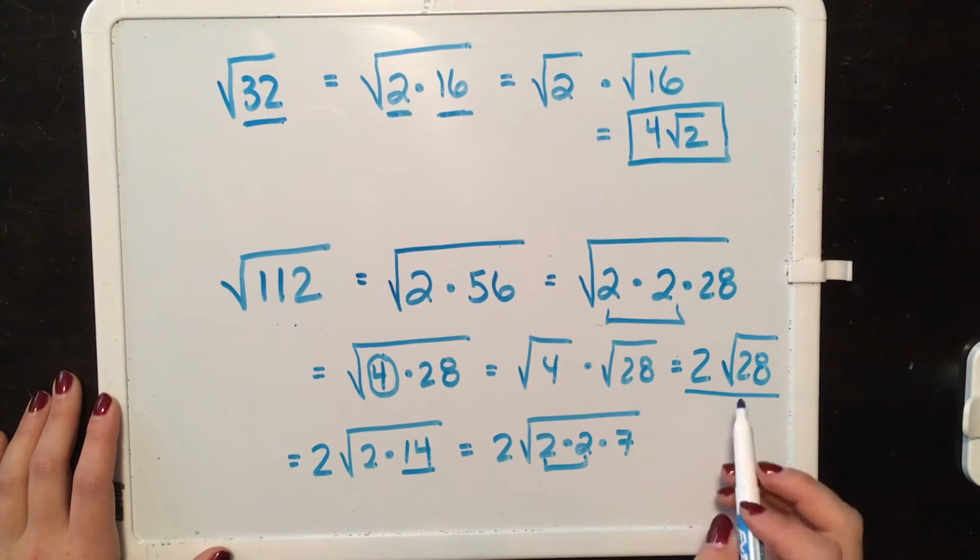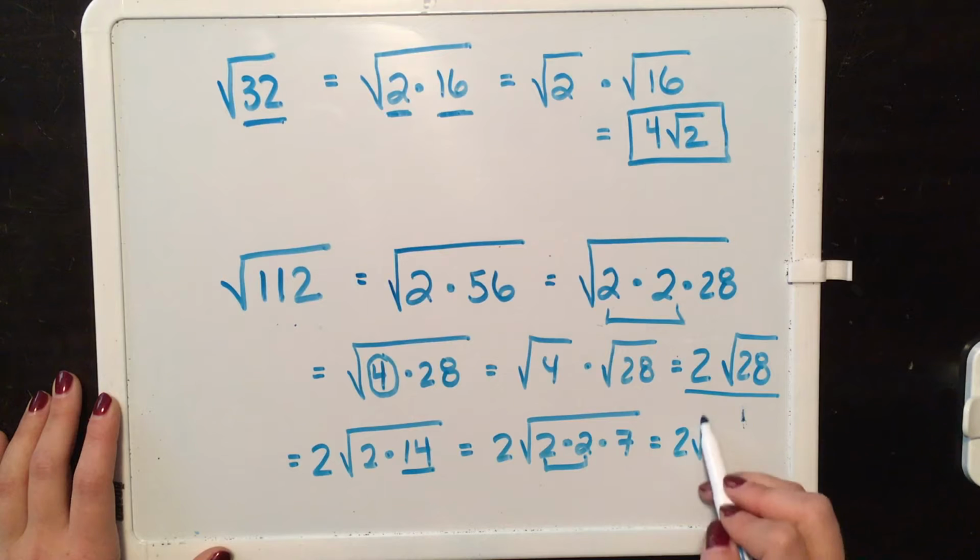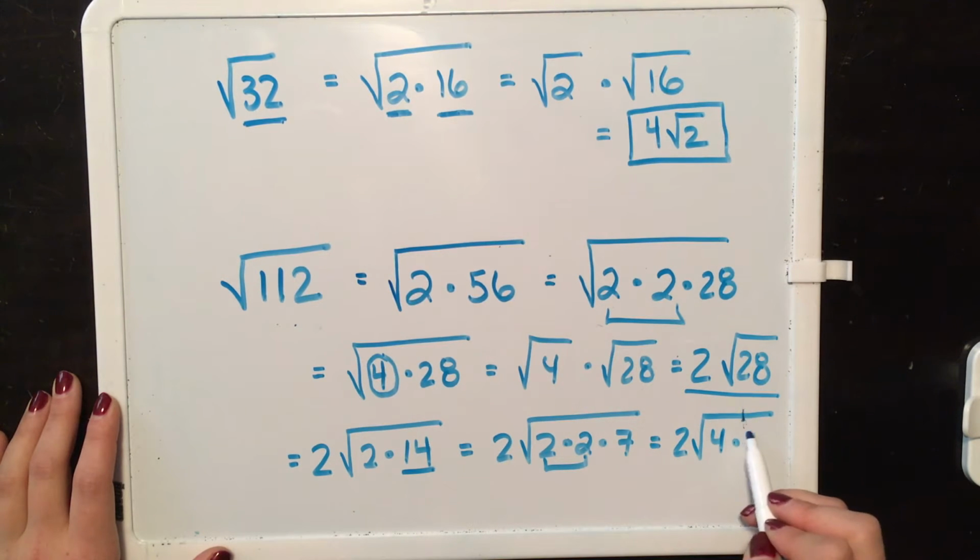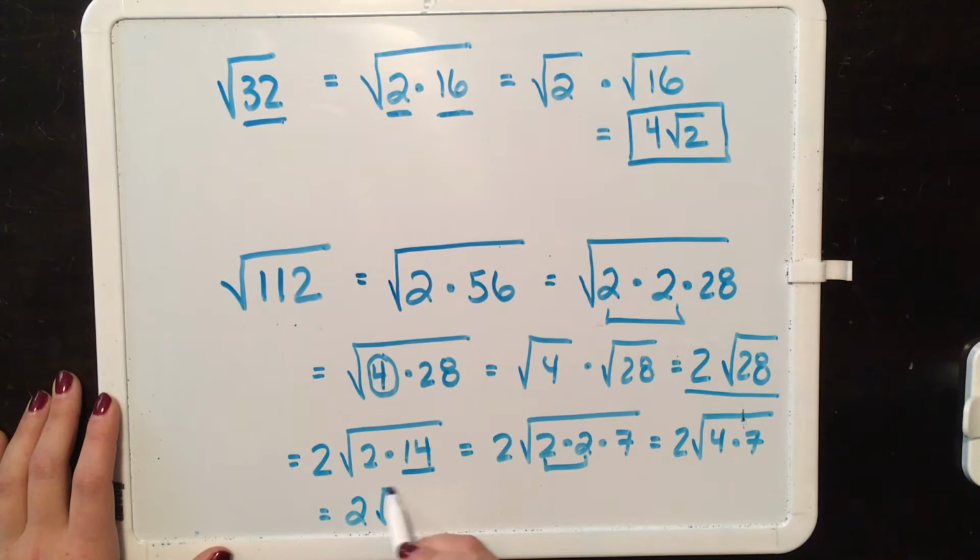We've got 2 2's. 2 square root of 4 times 7. Carry it down. We can break this up into 2 square roots. See how we went from 4 times 7 underneath into 2 separate radicals. And now we know the square root of 4 is 2 again. So now we have 2 2's multiplied together on the outside, square root of 7 on the inside.